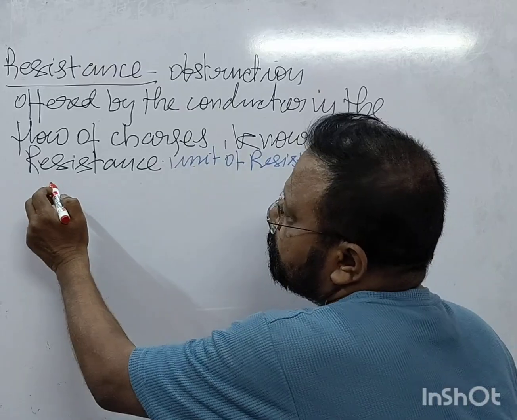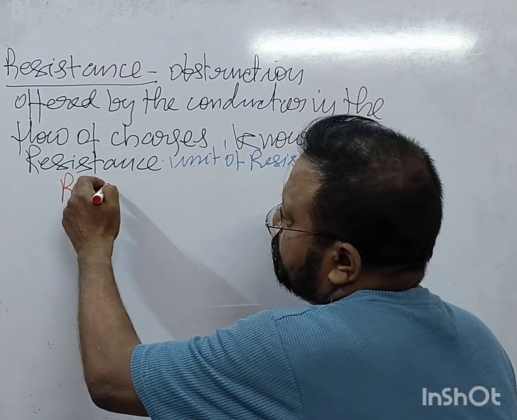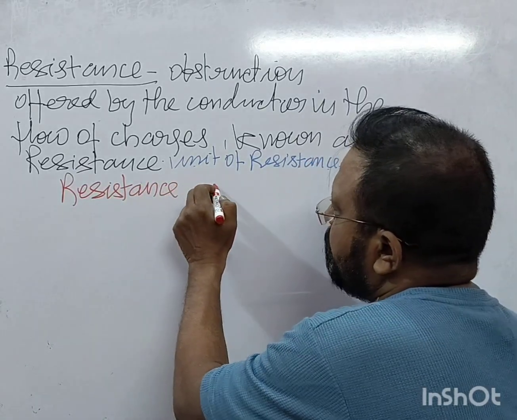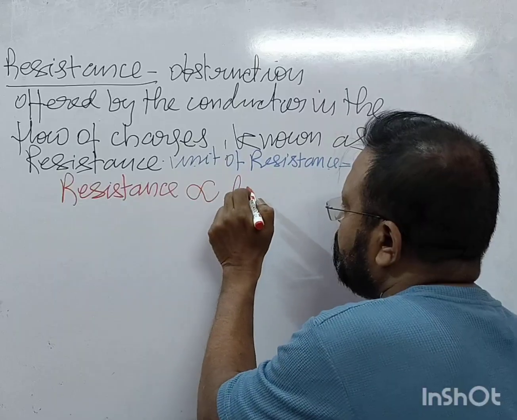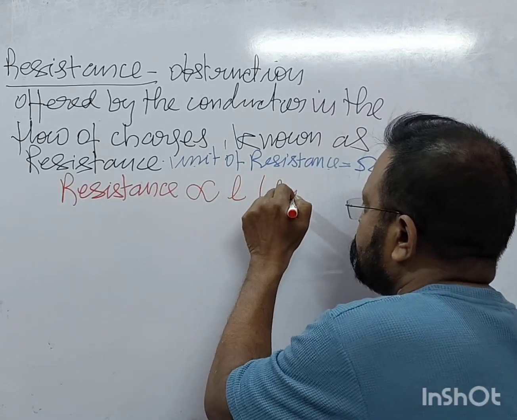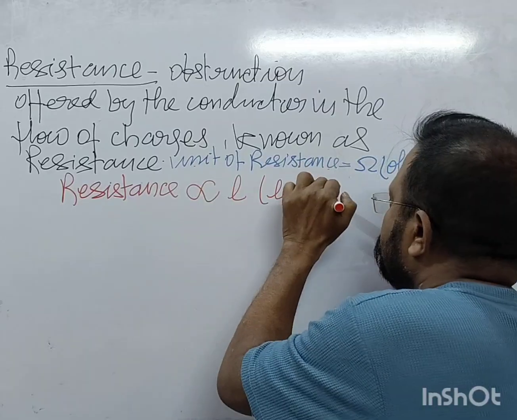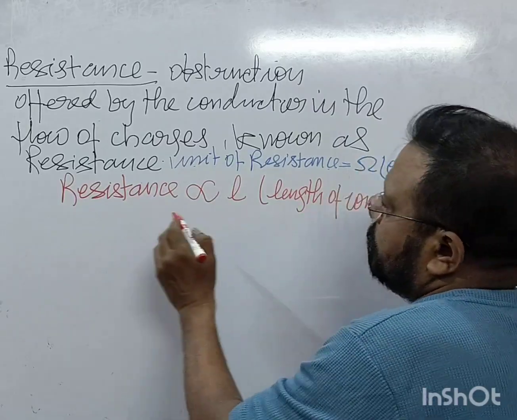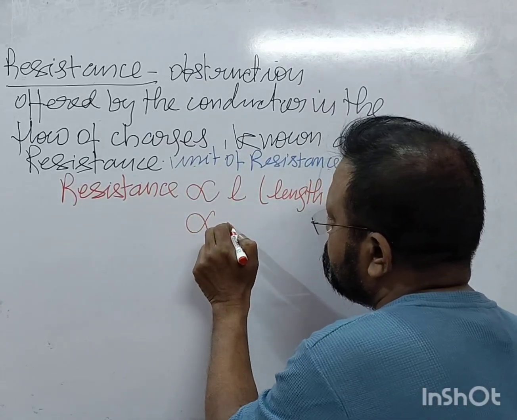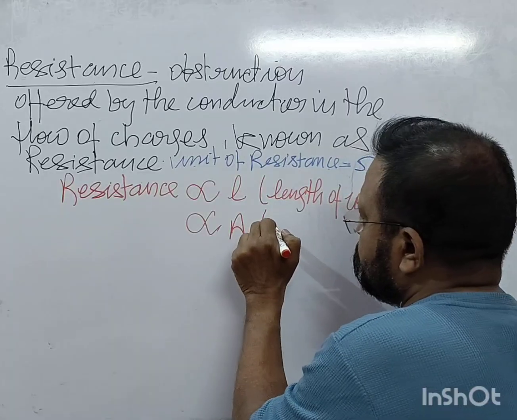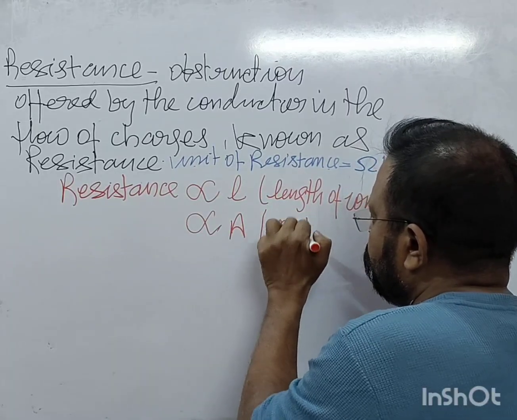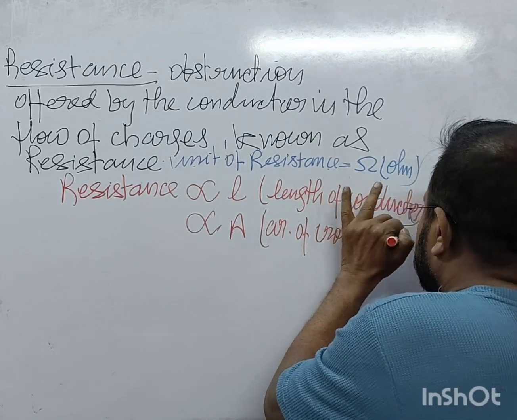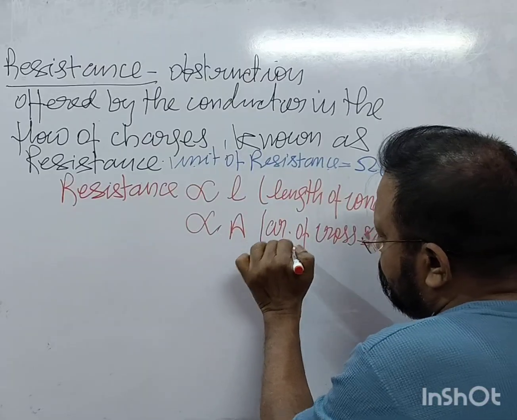Now resistance is directly proportional to the length of the conductor and inversely proportional to the area of cross section of the conductor.